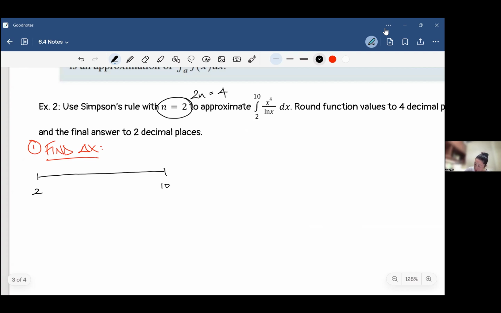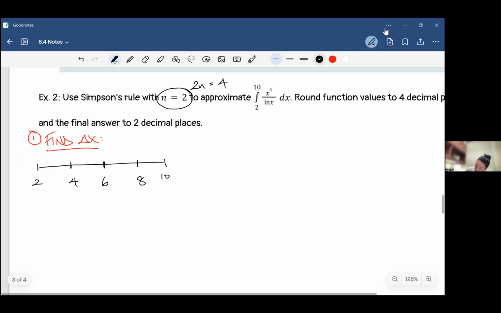From 2 to 6 to 10 gives me 2 pieces, but I cut each one in half again, and now I've got 4 pieces: 1, 2, 3, 4. What that means is that delta x equals 2, because from 2 to 4 is 2, from 4 to 6 is 2, from 6 to 8 is 2, and from 8 to 10 is 2.